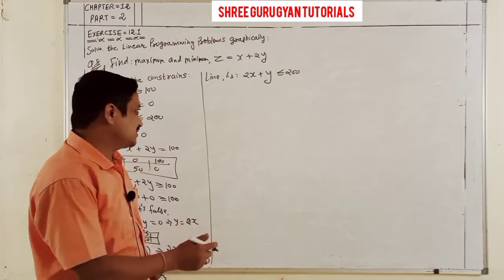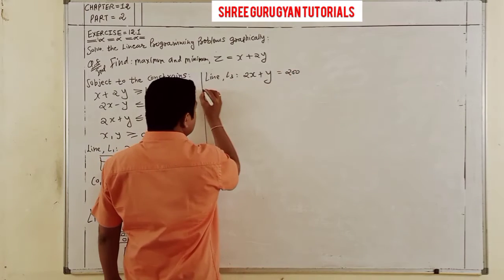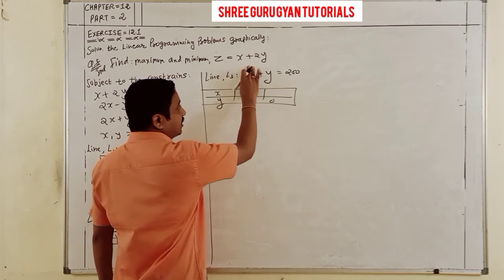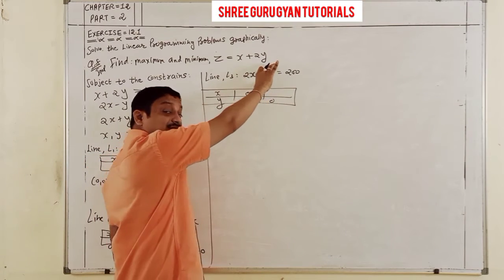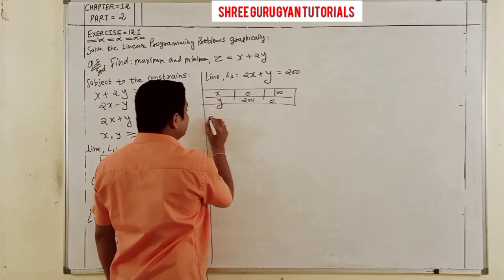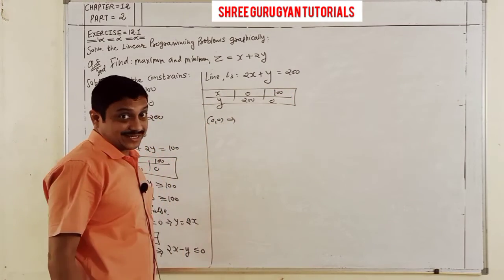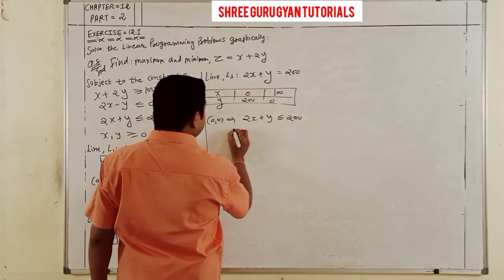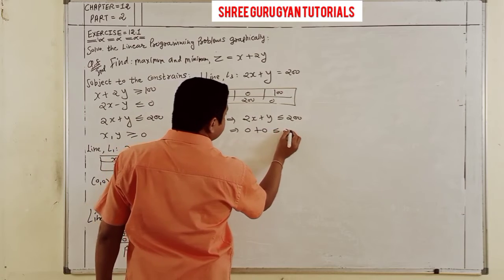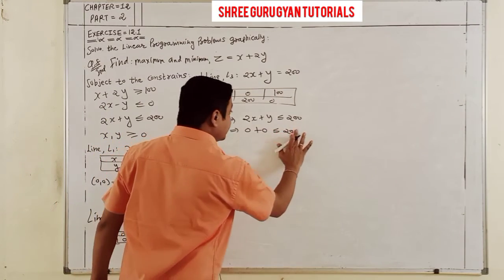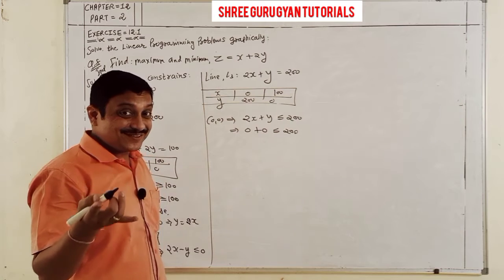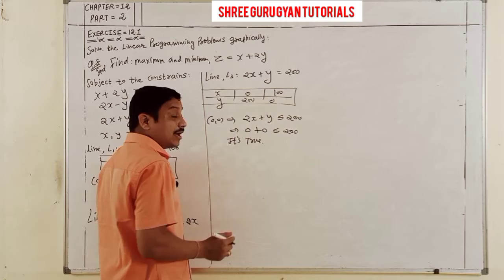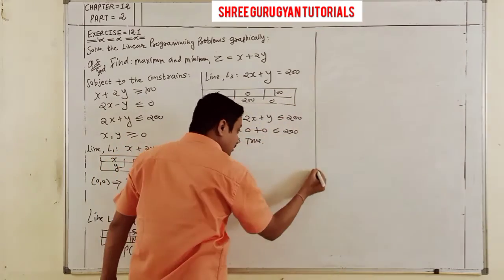Here also the same, students, you will take it as equal to and make a table: x is 0, definitely y is 200, but y is 0, then x is 100, and check the 0, 0 side. So for the 0, 0 side, 2x plus y less than 200: it is 0 plus 0 less than or equal to 200, and definitely 0 is less than 200, which is true. Yes, it is true. Now we go to the graph. That's your graph.